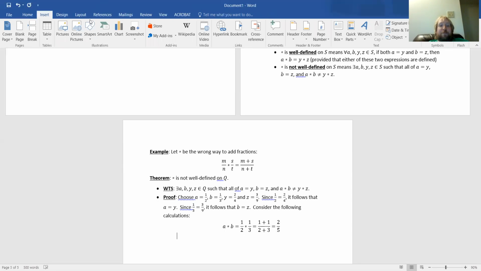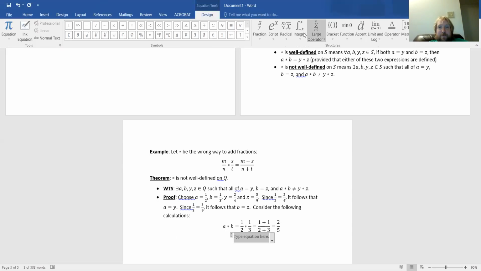However, Y star Z this time is going to be 2/4 star 3/9. Again, if we add the tops over add the bottoms, 2 plus 3 over 4 plus 9 equals 5 over 13.